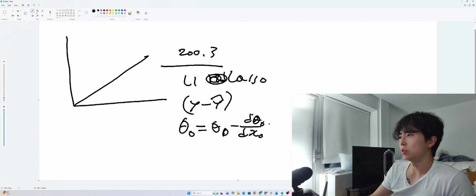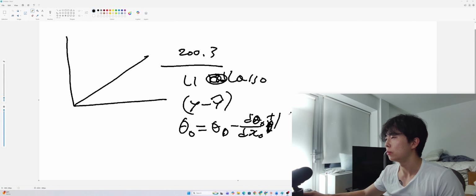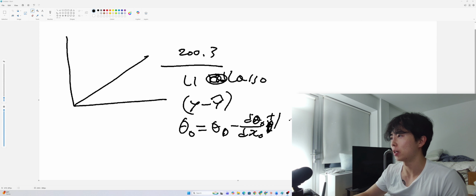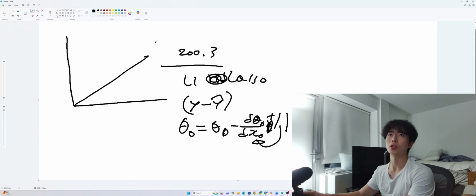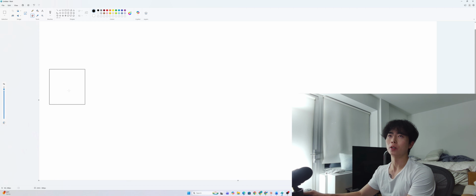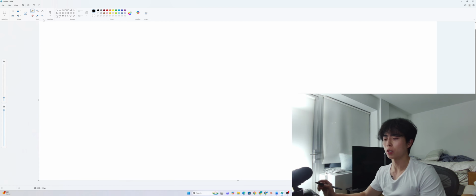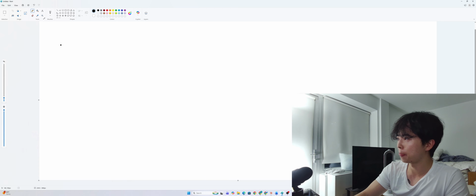What we do is we add an absolute value of some sort of value here, and then we add the weights here to make some regularization changes. So regularization in machine learning is a way to overcome overfitting.